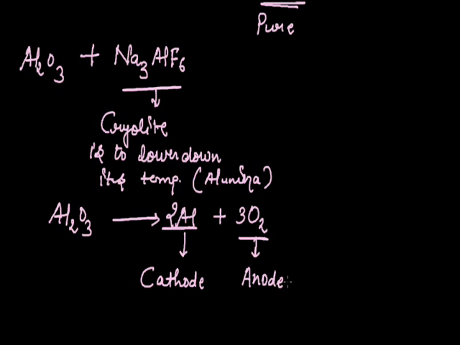In this way we can easily extract the aluminium from the impure bauxite, that is Al2O3·3H2O.